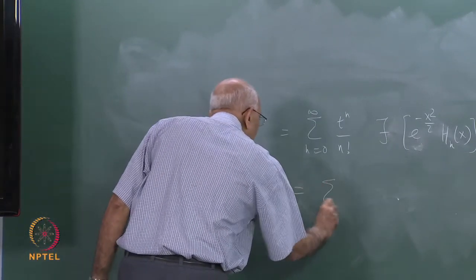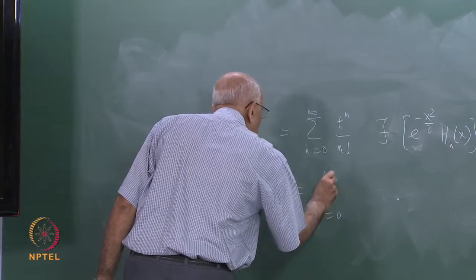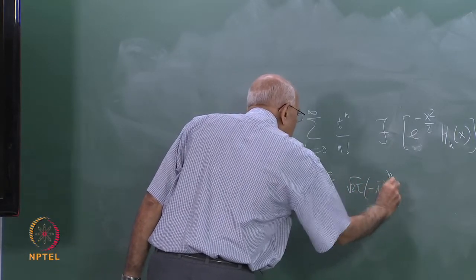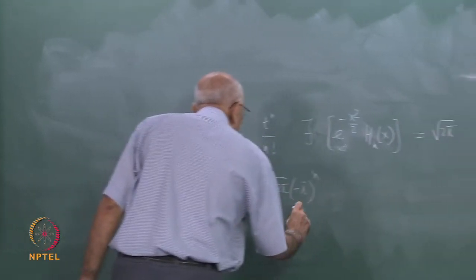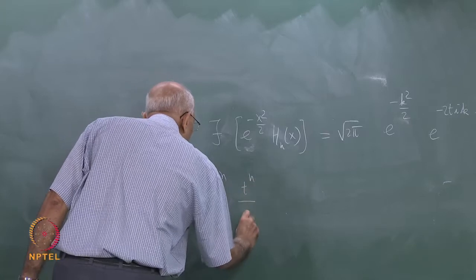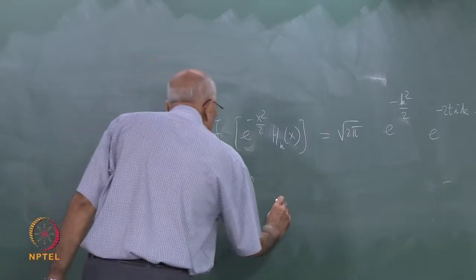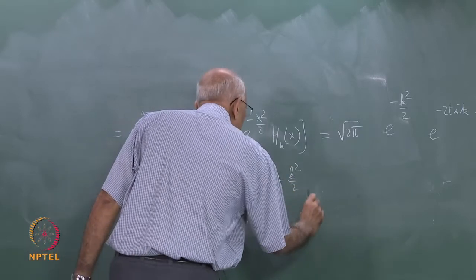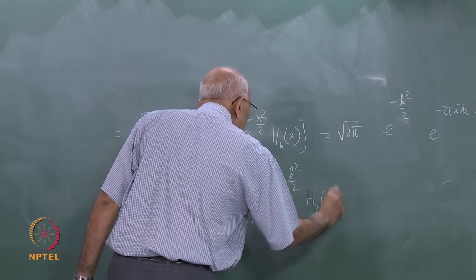So this thing finally is equal to summation n equal to 0 to infinity, square root of 2 pi into minus i to the power n times t to the power n over n factorial e to the minus k squared over 2 hn of k.